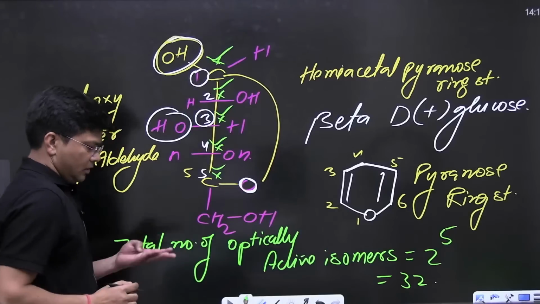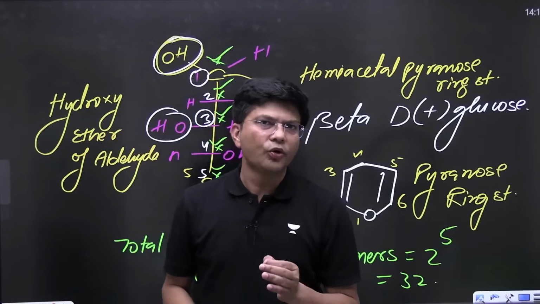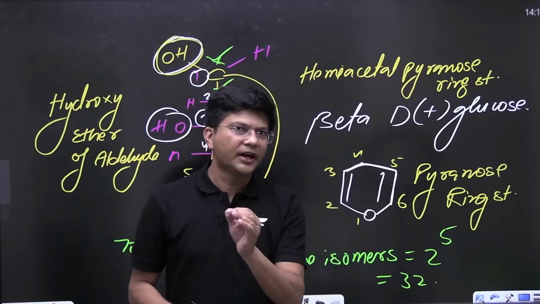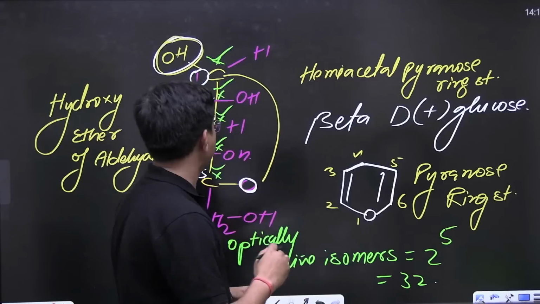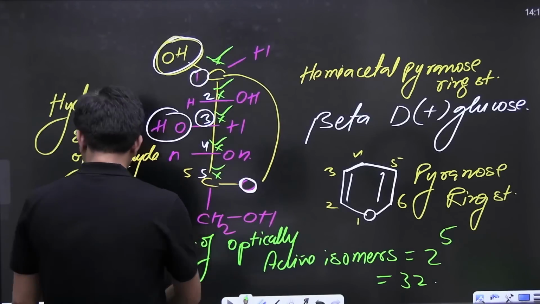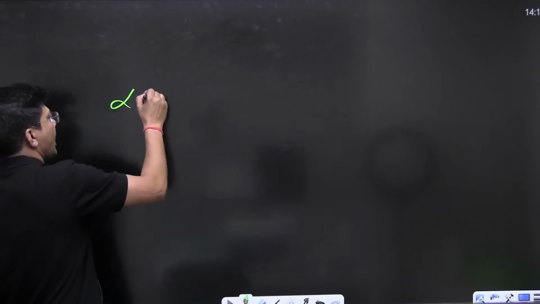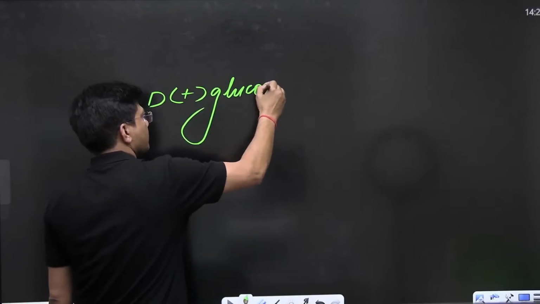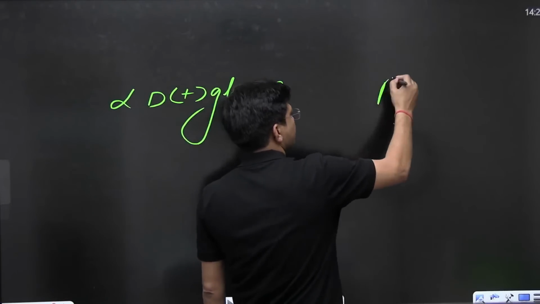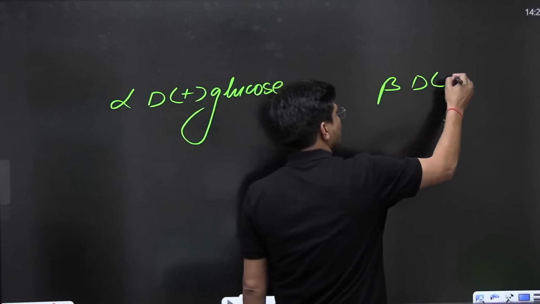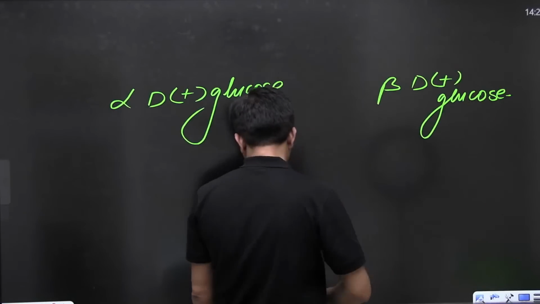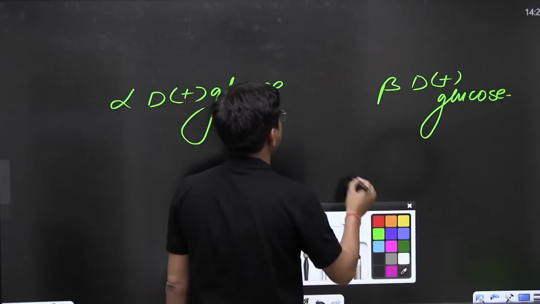So in aqueous solution, we have glucose as open chain structure, closed chain structure, alpha D glucose and beta D glucose. If I talk about the relation between alpha D positive glucose and beta D positive glucose, my dear students, in the aqueous solution they are interconvertible.